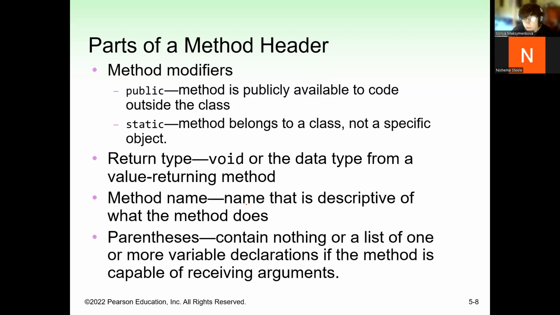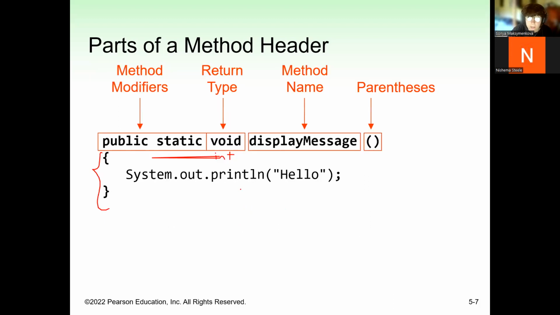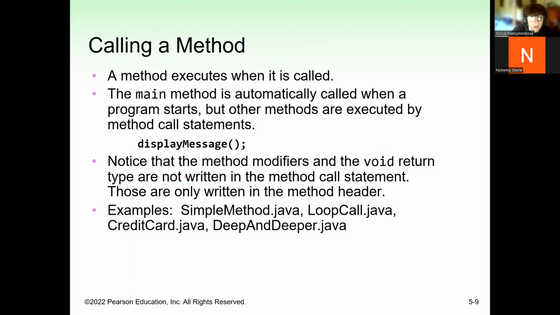Again, the same coding rules apply here too. And then parentheses: if your method doesn't need any parameters or arguments, then they are empty. However, I'll show you later how to use the parentheses if we have to pass something to our method.